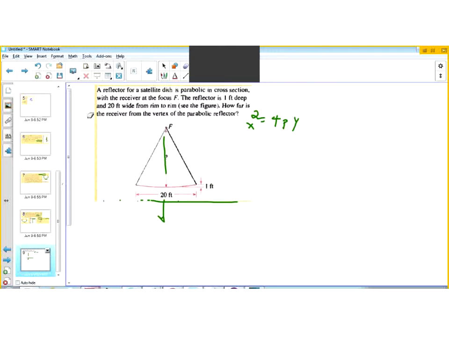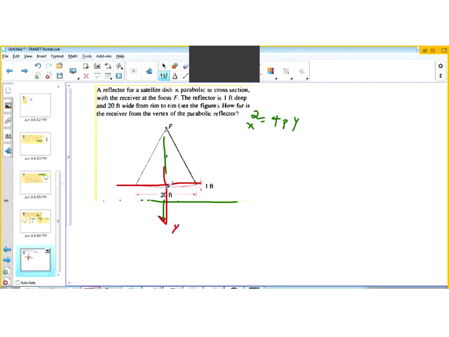Yeah, the tricky part of this question is determining what the coordinate system is. So if we make this the coordinate system, and we call this the y-axis, now we're dealing with a physical device.